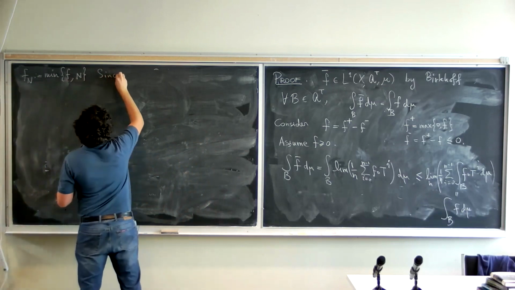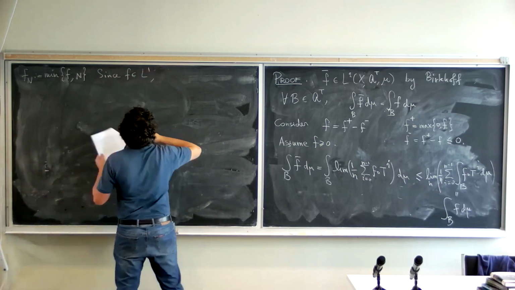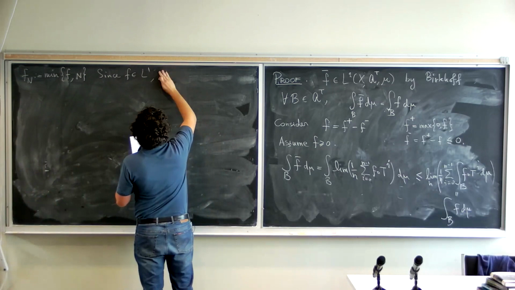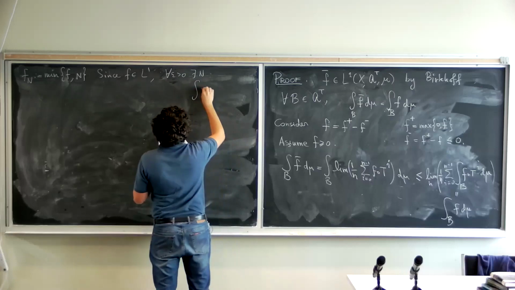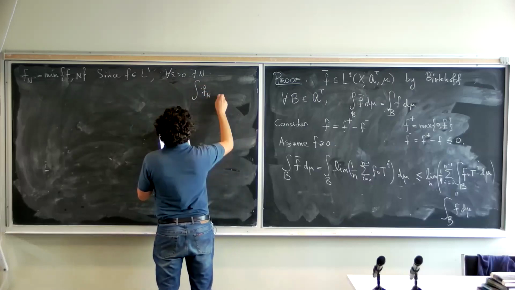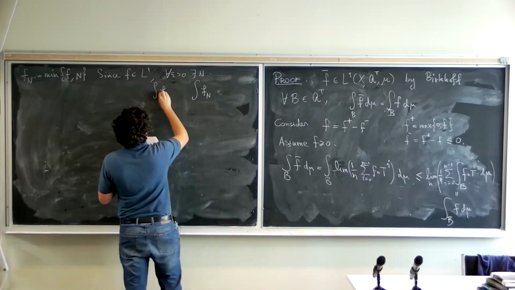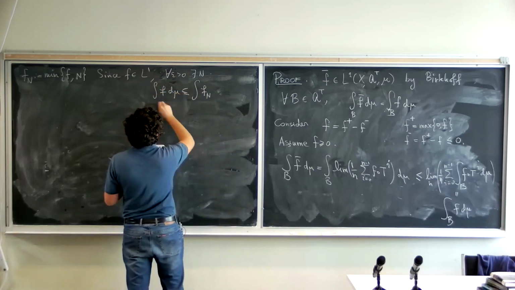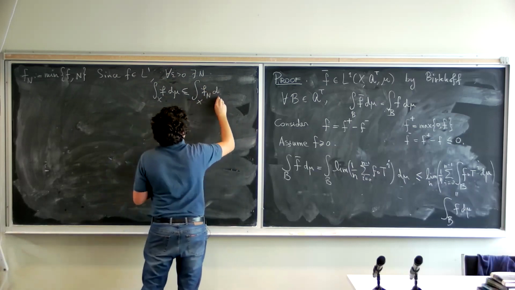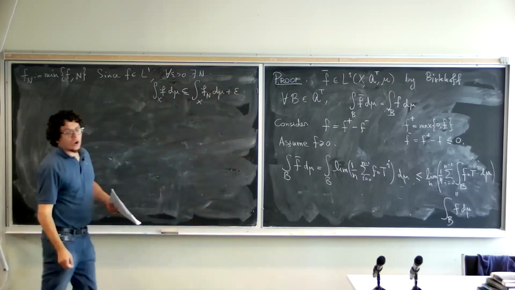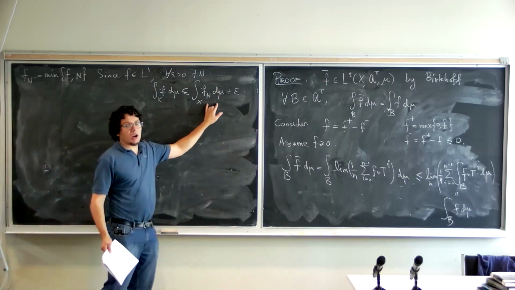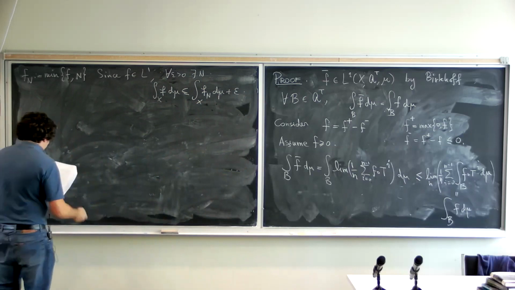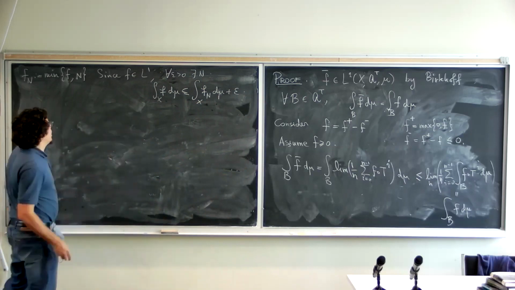And since f is in L1, for every epsilon, there exists n such that the integral of f over the whole space is almost the same as the integral of the truncation, because the total integral is finite. So we can truncate such that this integral is a bit smaller, but really not much smaller. Okay, and then we apply dominated convergence because this is bounded.